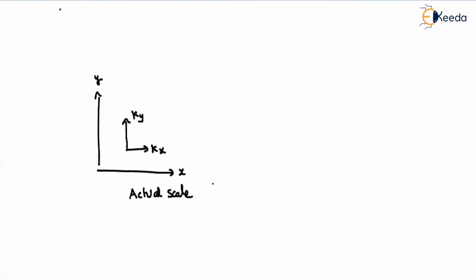Let us discuss this in the transformed coordinate. As we have discussed, we are transforming the coordinate x. Let us say the object has dimensions along x and y. For the application of Laplace forms, we are transforming one coordinate to another coordinate.